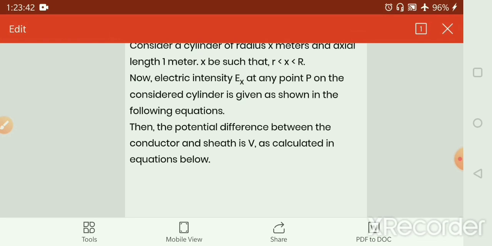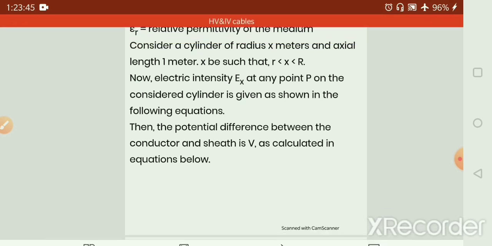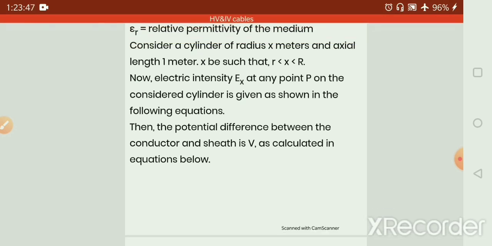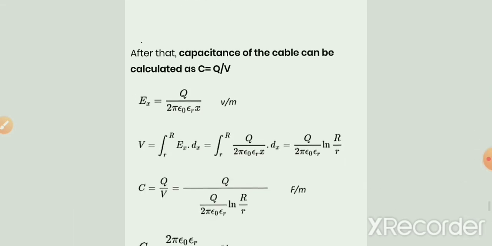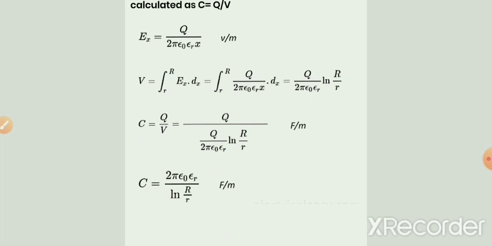The potential difference between the conductor and sheath is V volt. Then we calculate it by the integration of Ex dx from small r to capital R, because we integrate over the distance, which varies from small r to capital R.